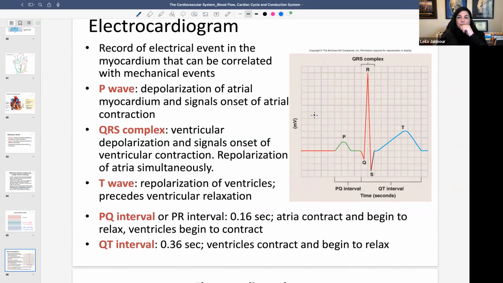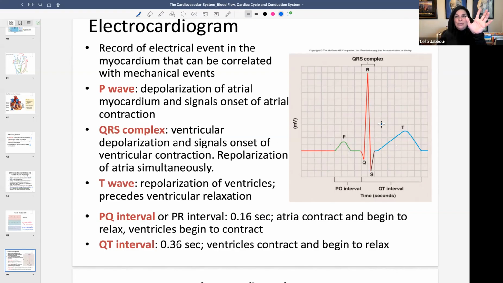So for example, this graph you see, it's not one action potential like what we drew earlier. We drew the action potential of the nodal cell, and then we drew the action potential with the plateau of a cardiac cell. This is not the action potential of one cell.